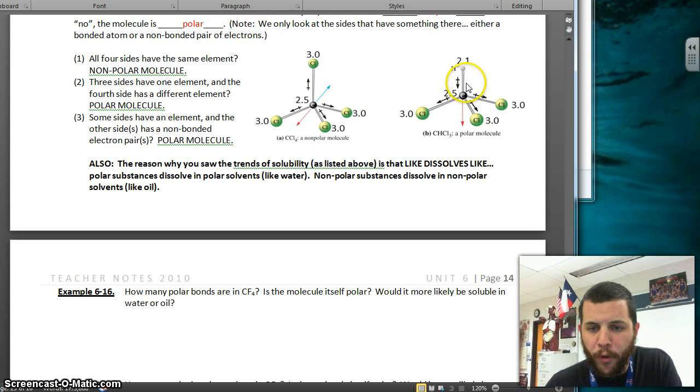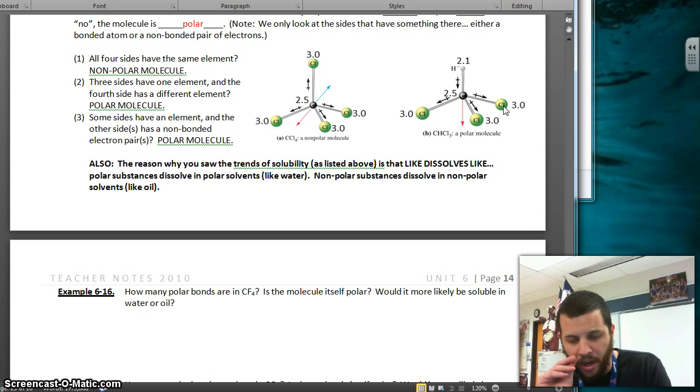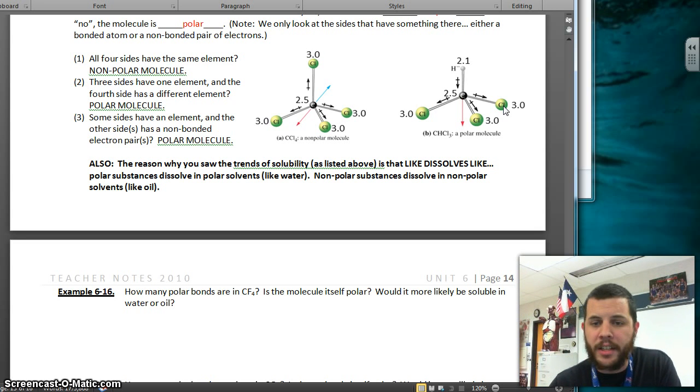So now we've got polar bonds: here's a polar bond, here's a polar bond, here's a polar bond, and here's a polar bond. But in terms of the molecule, not just bonds, I've got chlorine, chlorine, chlorine, and hydrogen. So I've got things that are different around the central atom, and that's going to make this a polar molecule.